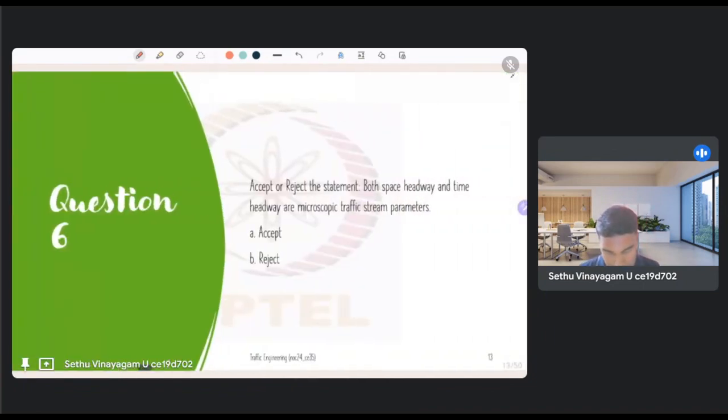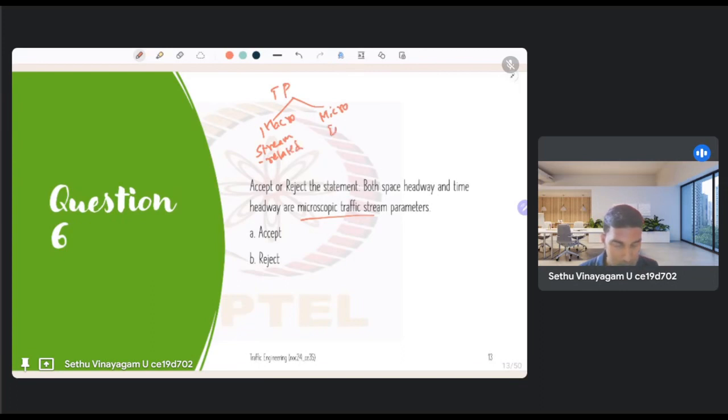Okay, next question number 6. You have to accept or reject the given statement. The statement is: both space headway and time headway are microscopic traffic stream parameters. So we have to accept or reject it. What is a microscopic traffic stream parameter? As we said, we have traffic parameters, macroscopic and microscopic. Macroscopic means it is related to the stream, right?